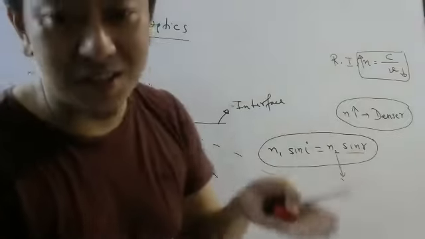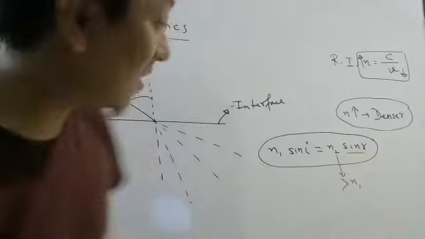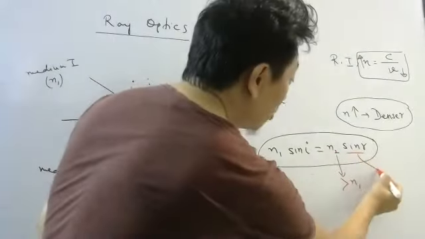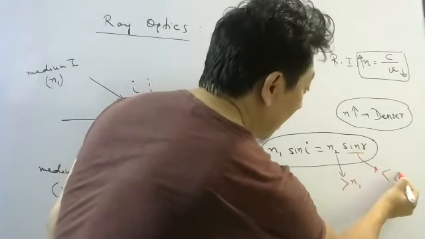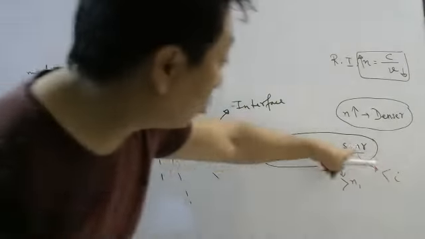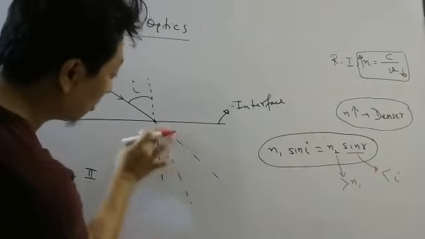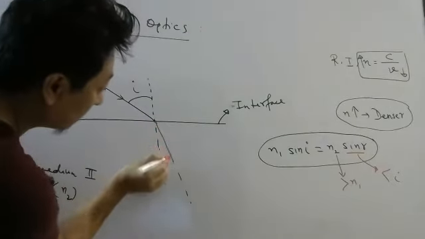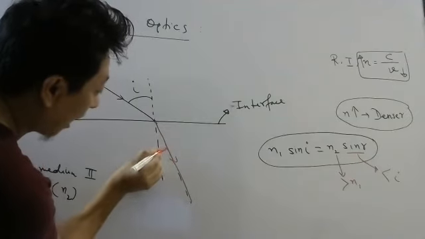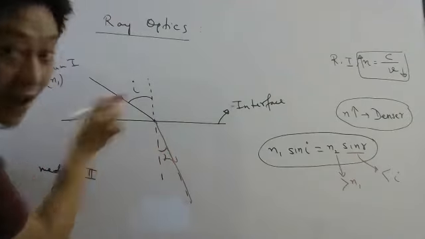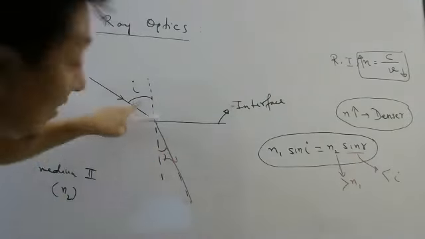If pressure increases, volume decreases. So if N2 is more, then sin r should be less than sin i. Matlab, r should be less than i. r should be less than i means light should go this way. Then only your r will be less than i. Yes or no? See, r is less than i.